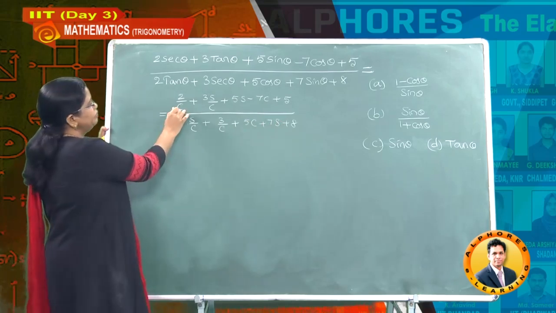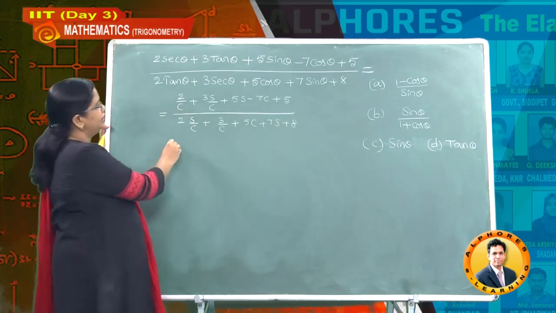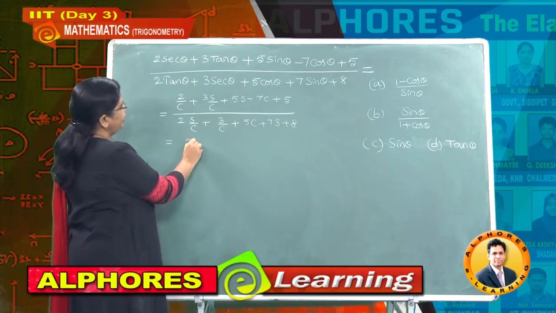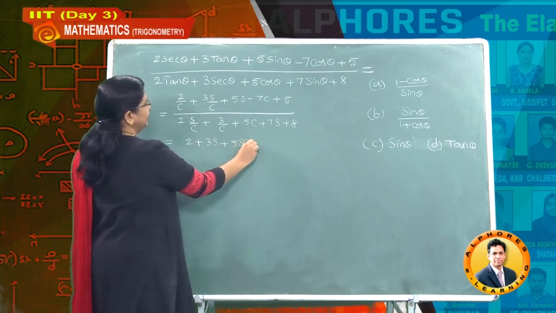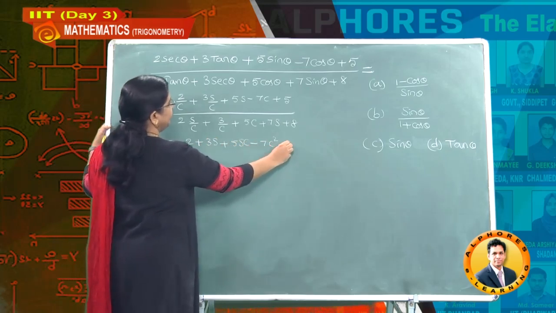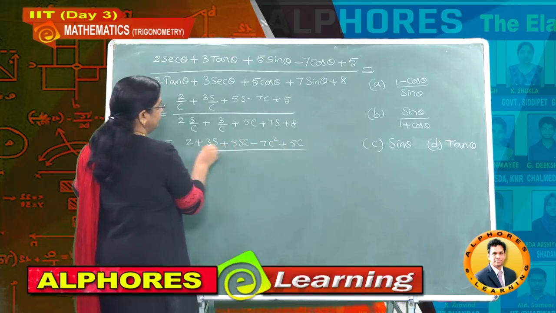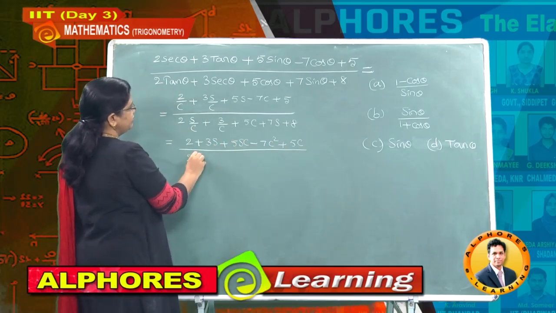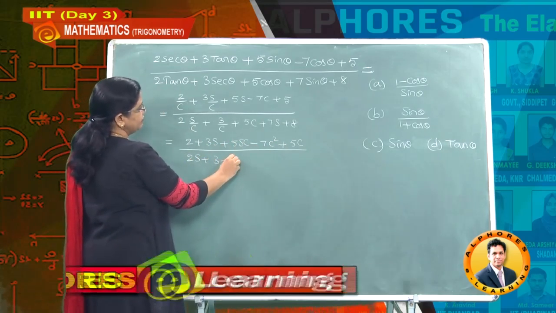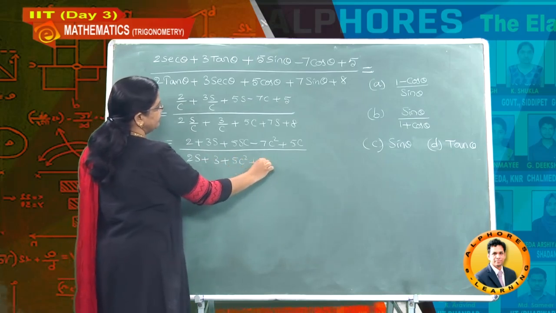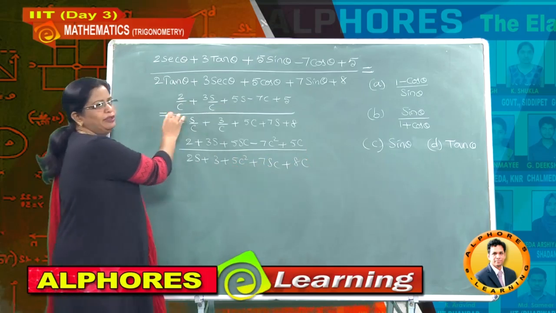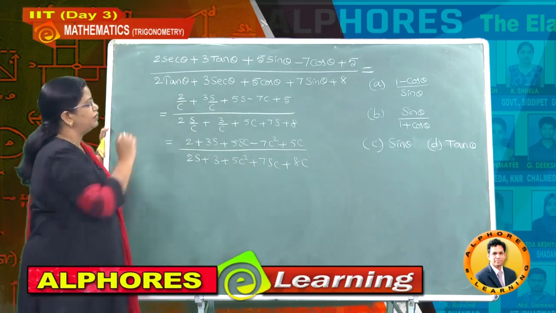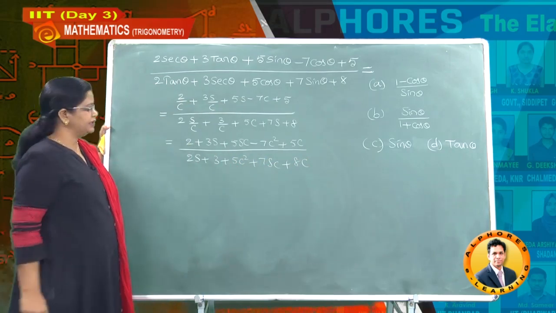Now from the numerator take cos as LCM, then you will get 2 plus 3 sin plus 5 sin cos minus 7 cos square plus 5 cos, divided by 2 sin plus 3 plus 5 cos square plus 7 sin cos plus 8 cos. Then the LCM is cos here and here also cos, so both get cancelled.